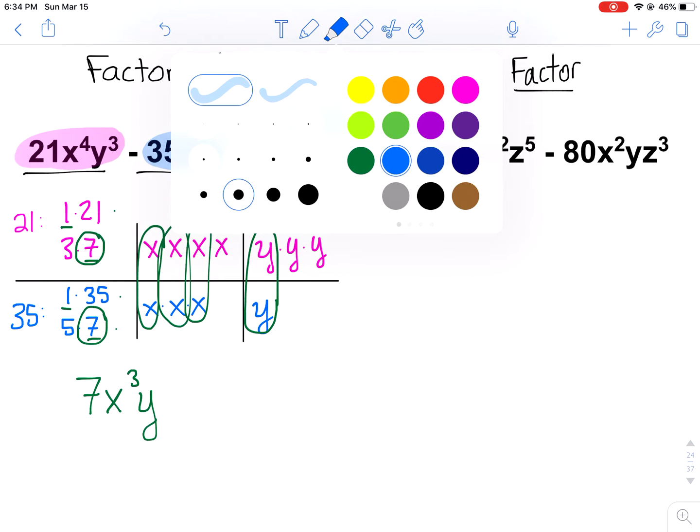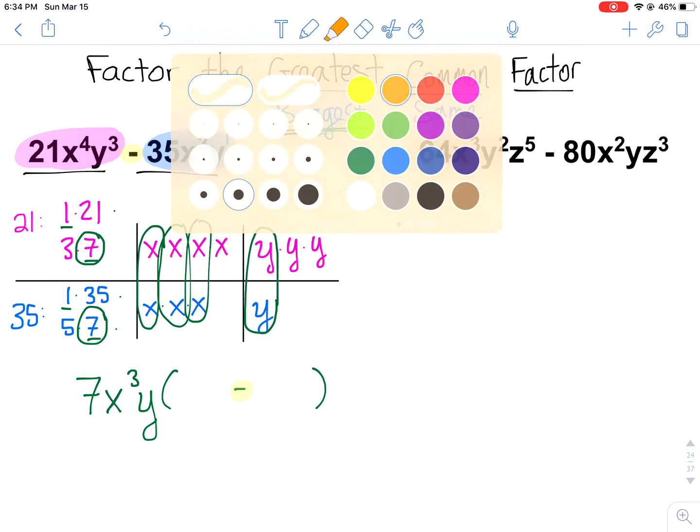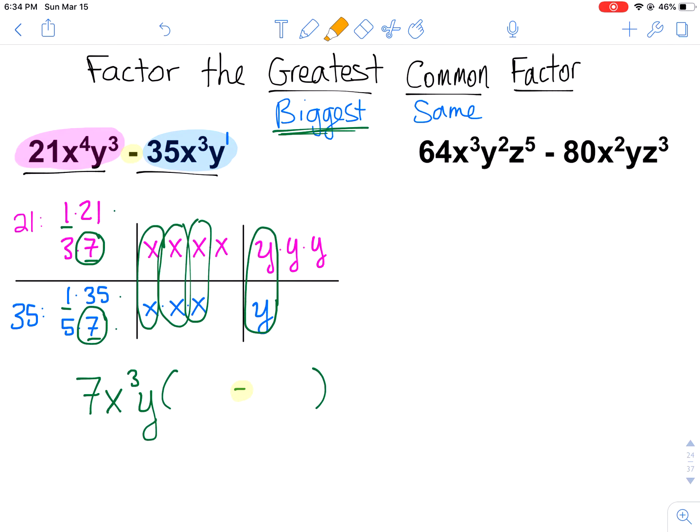Next, you'll notice we have a subtraction sign here. So that tells us that we're not quite done, because we need to see what would be left. So I'm going to put our parentheses down, and I'm going to put a subtraction sign like we have above. Then I'm going to highlight what would be left.